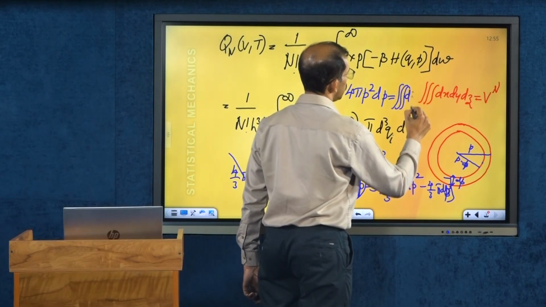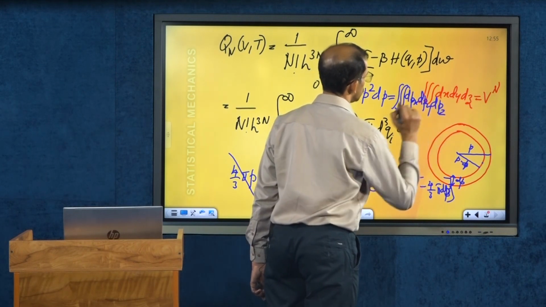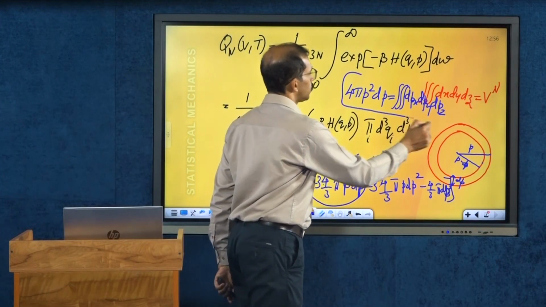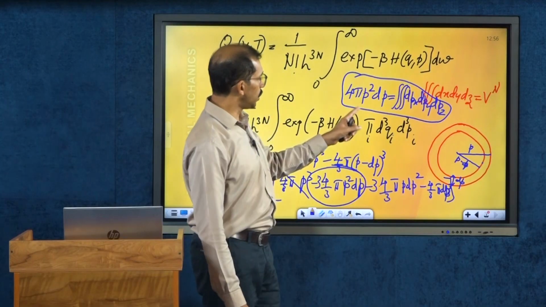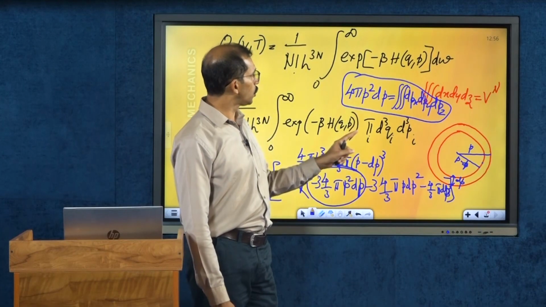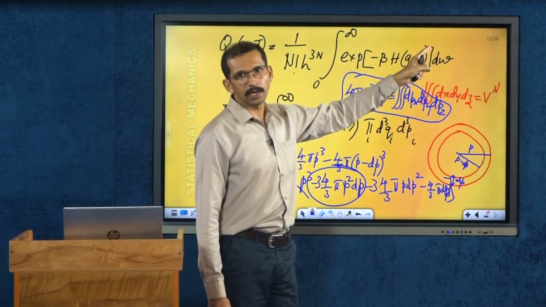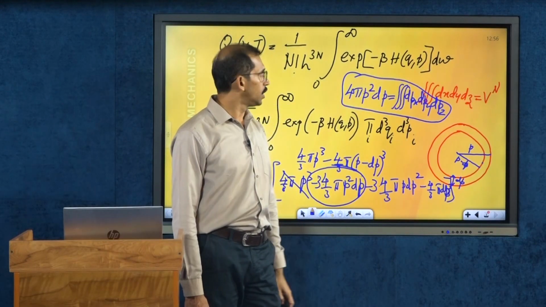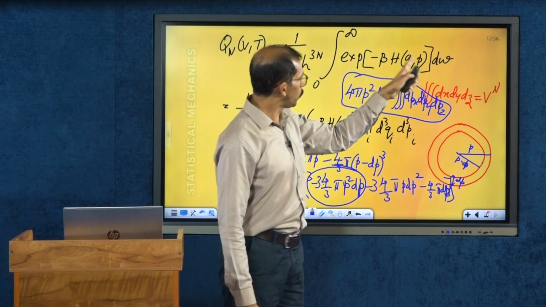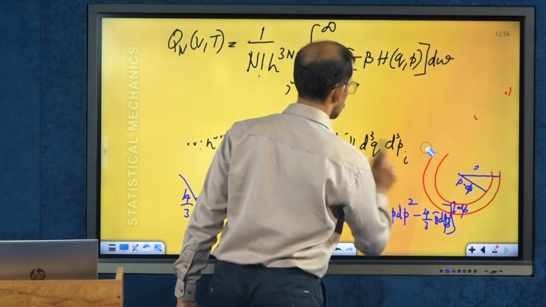Which is my triple integral dpx dpy dpz. So, triple integral dpx dpy dpz, we evaluated that to be equal to 4 pi p squared dp, and triple integral dx dy dz is equal to V raised to n, and therefore over here, instead of d omega, now we are in a position to substitute that over there, right. So, what we need to do now? We need to modify that expression over there. Let me do that.